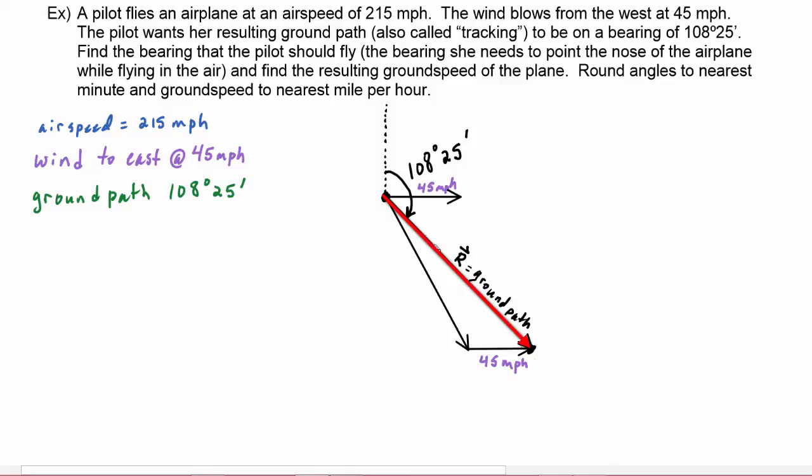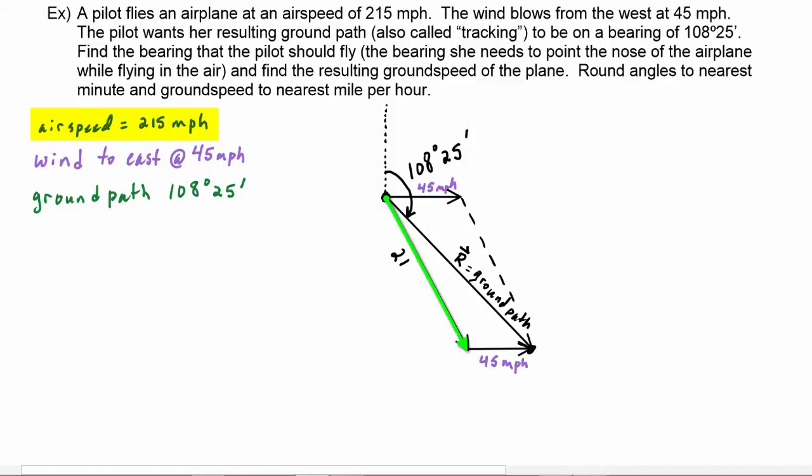Now remember, the ground path is the resultant here, and we can see that our parallelogram is almost drawn. Let's dot in this last side. Her airspeed is 215 miles an hour, and her airspeed is the vector for where she's actually pointing the airplane.